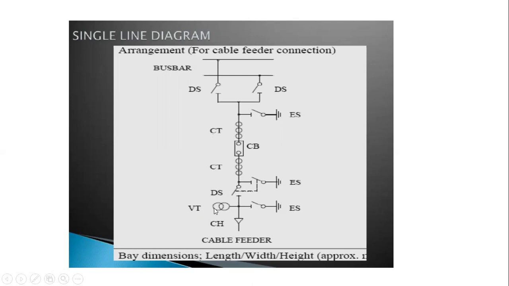By using this potential transformer we will step up or step down the voltage levels, and then we are using the earthing switches. These are the earthing switches and these are the digital switches. In this case we are using the double bus bar system. This is bus bar 1 and this is bus bar 2.